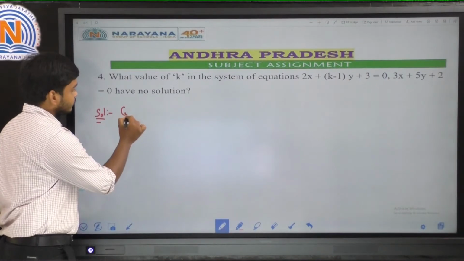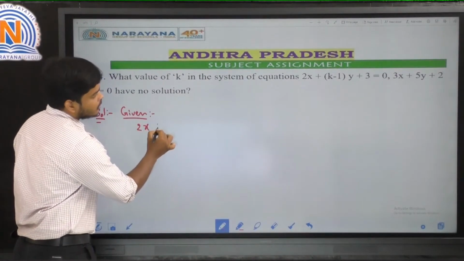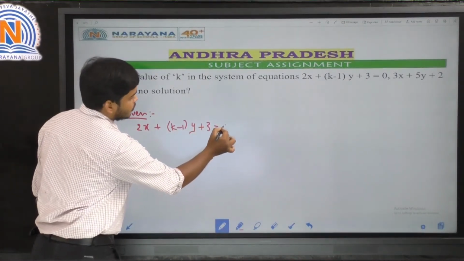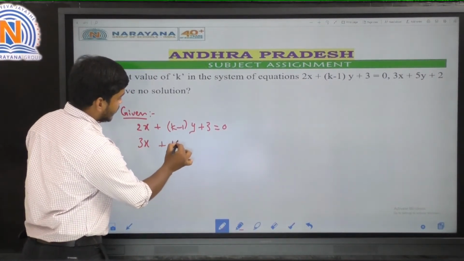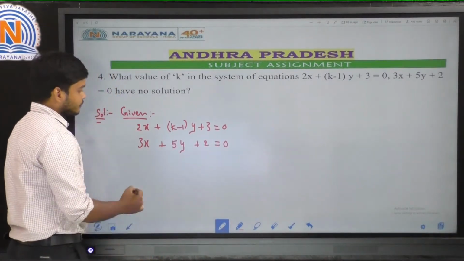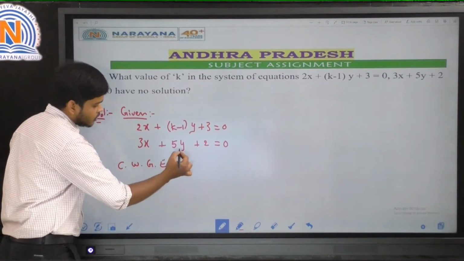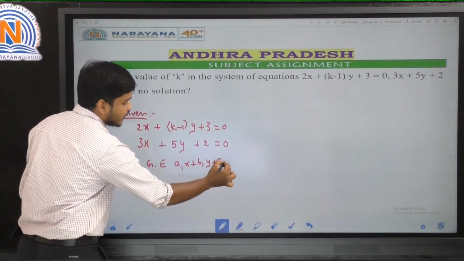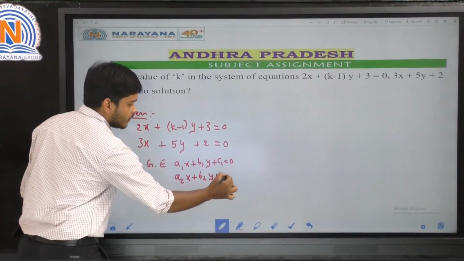So given lines: 2x + (k minus 1)y + 3 = 0 and 3x + 5y + 2 = 0. Compare these two equations with the general equations a1x + b1y + c1 = 0 and a2x + b2y + c2 = 0.